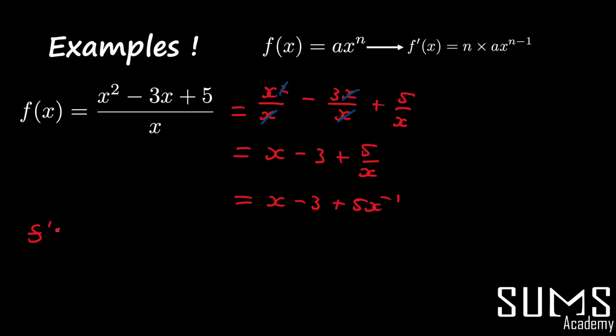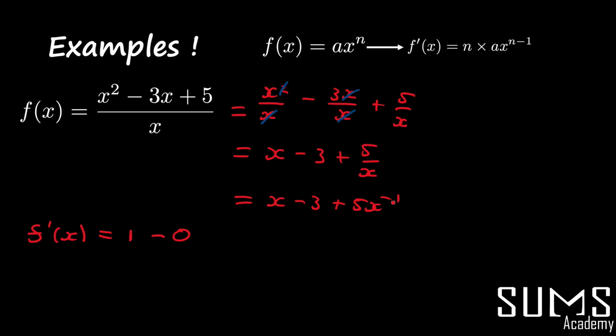So f dash x equals x to the power of 1 times 1, decrease the power, it just becomes 1. And then minus 3 doesn't have an x term, so that becomes 0. And then you have 5x to the minus 1.